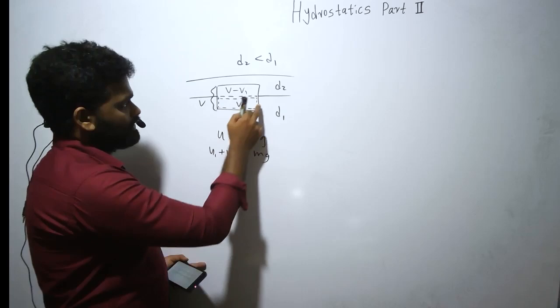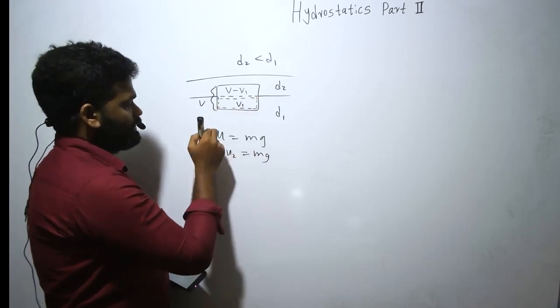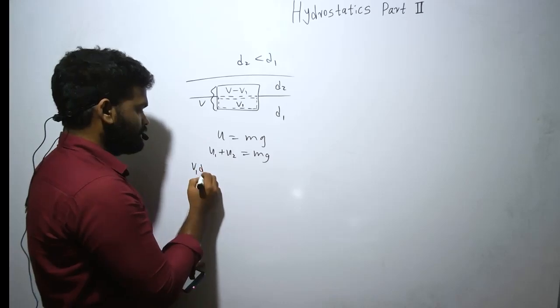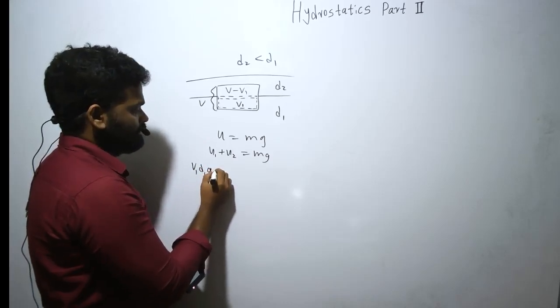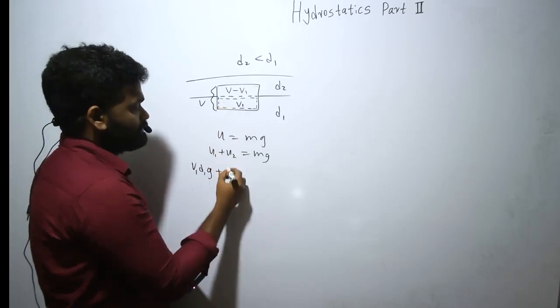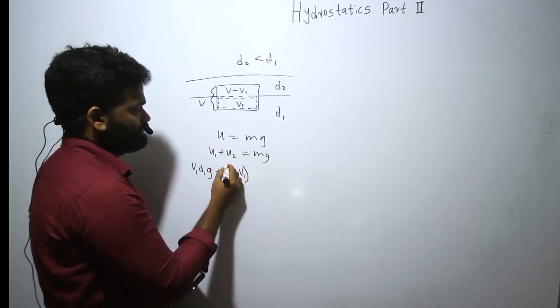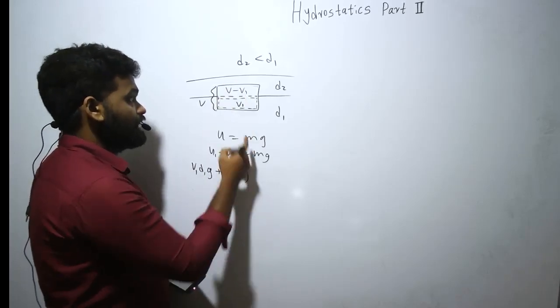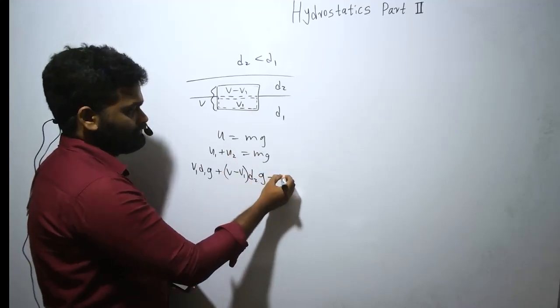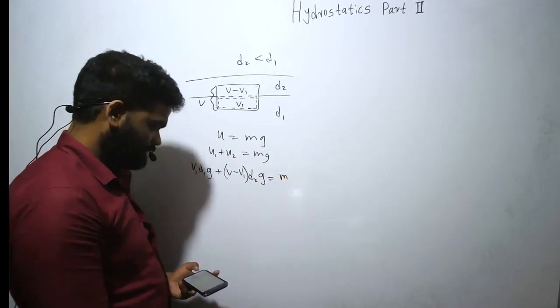For U1 you are considering this part, so the volume is V1, density of liquid D1, g, plus U2, this part. Volume is V minus V1, density is D2, g equals mg.